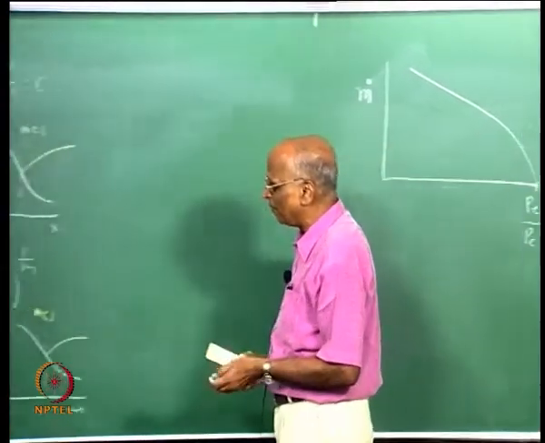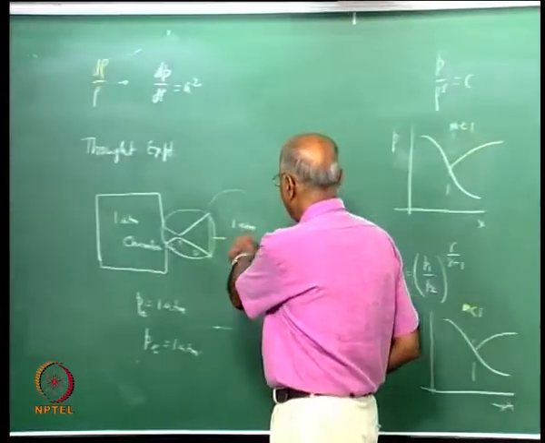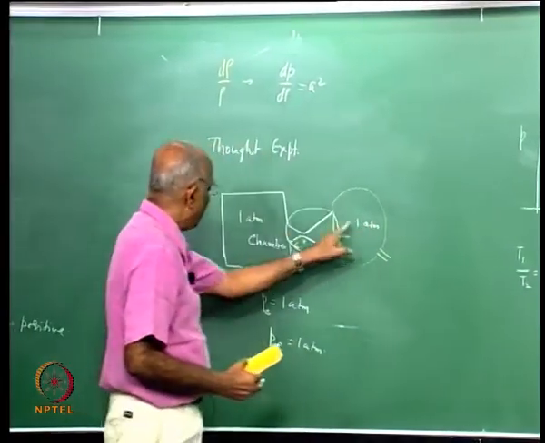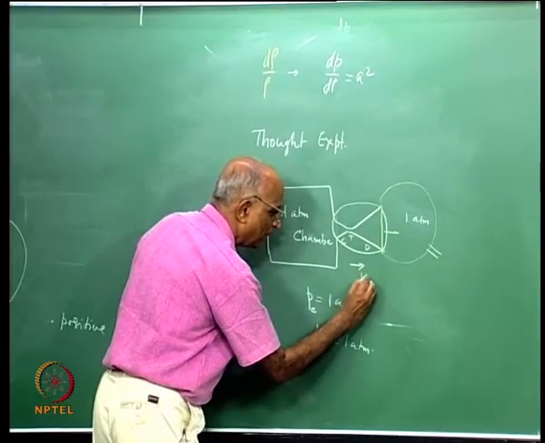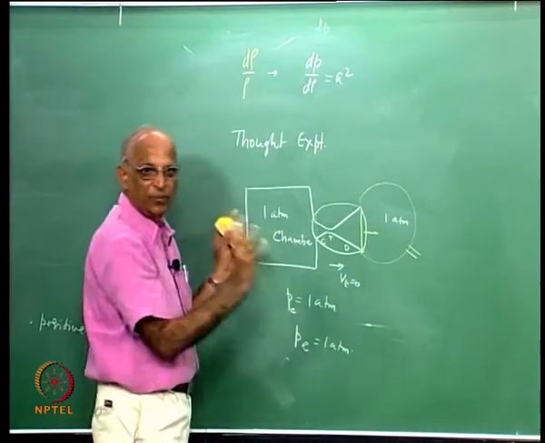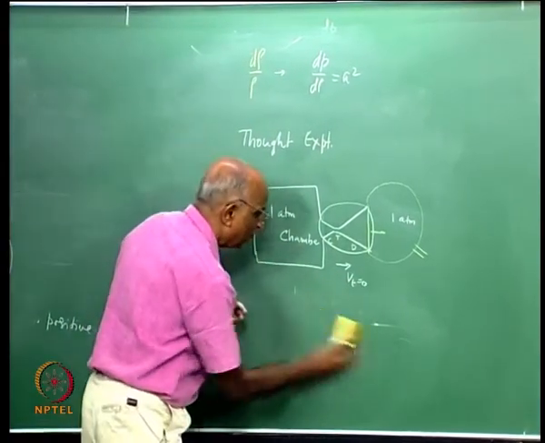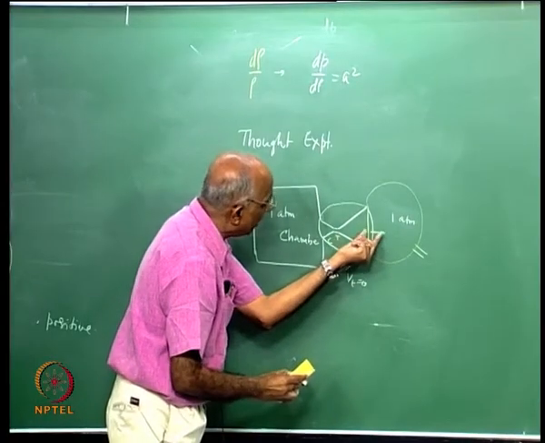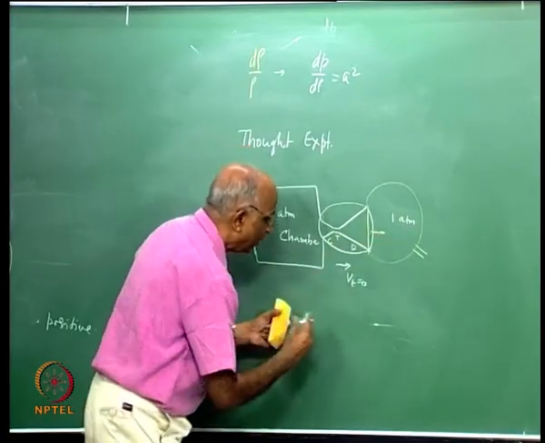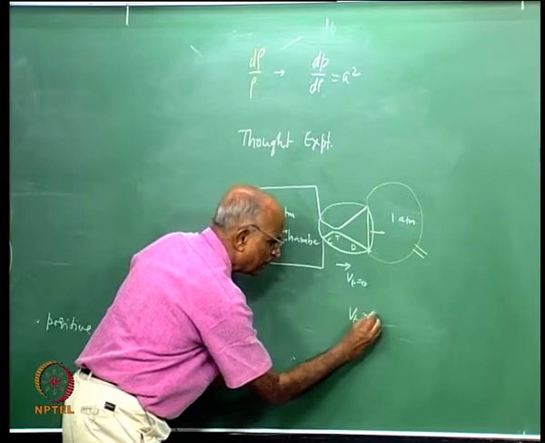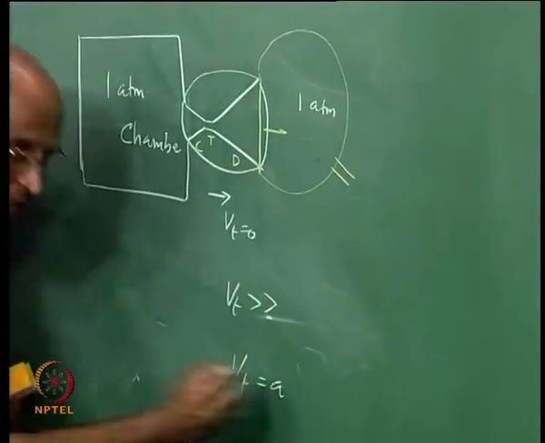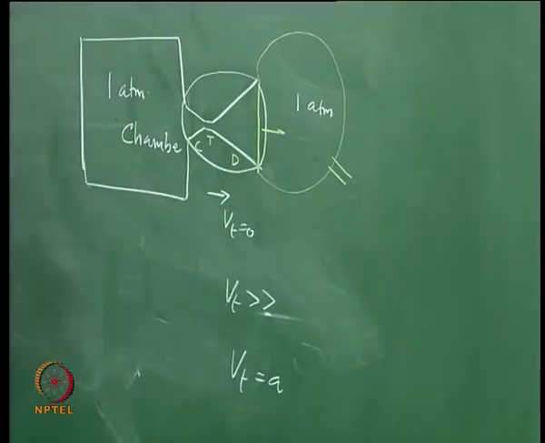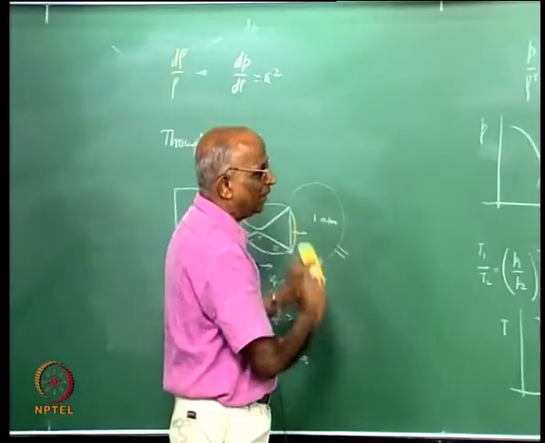Well, initially when the pressure outside is 1 atmosphere and the pressure inside is 1 atmosphere, the velocity at the throat is equal to 0. Then I start sucking out. As I keep decreasing the pressure here, Vt will keep on increasing till it reaches a value Vt equal to A. In other words, let us just plot till that time.